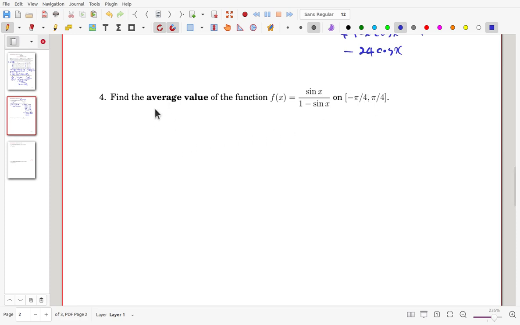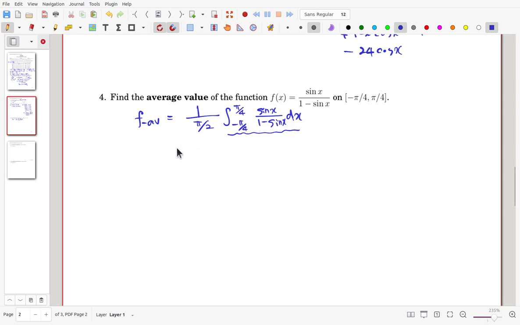For that one, the average value of f is 1 over the interval length, which is pi over 2, times the integral from minus pi over 4 to pi over 4 of f of x, so sine x divided by 1 minus sine x dx. So we have to solve this integral.